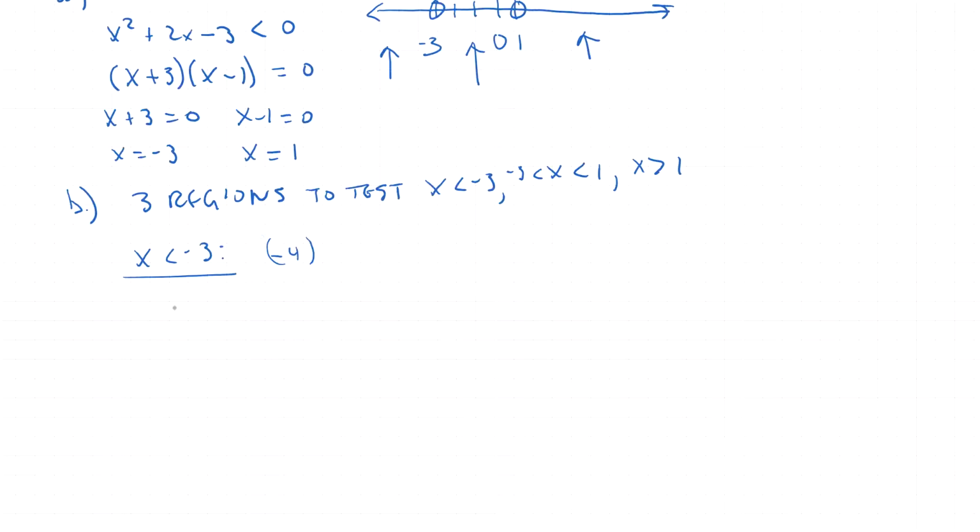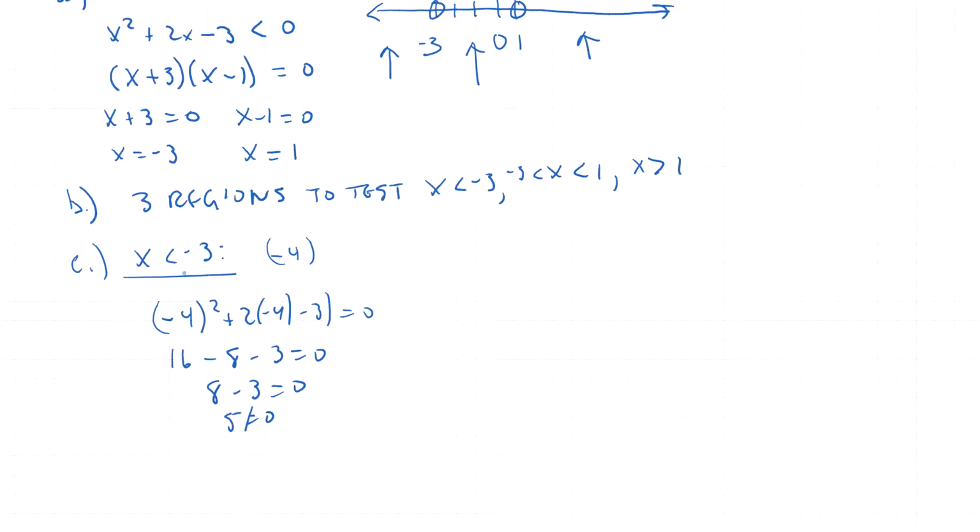We substitute that in: negative 4 squared plus 2 times negative 4 minus 3 compared to 0. We get 16 minus 8 minus 3, so 16 minus 8 is 8, minus 3 is 5. 5 is not less than 0, so this does not check.